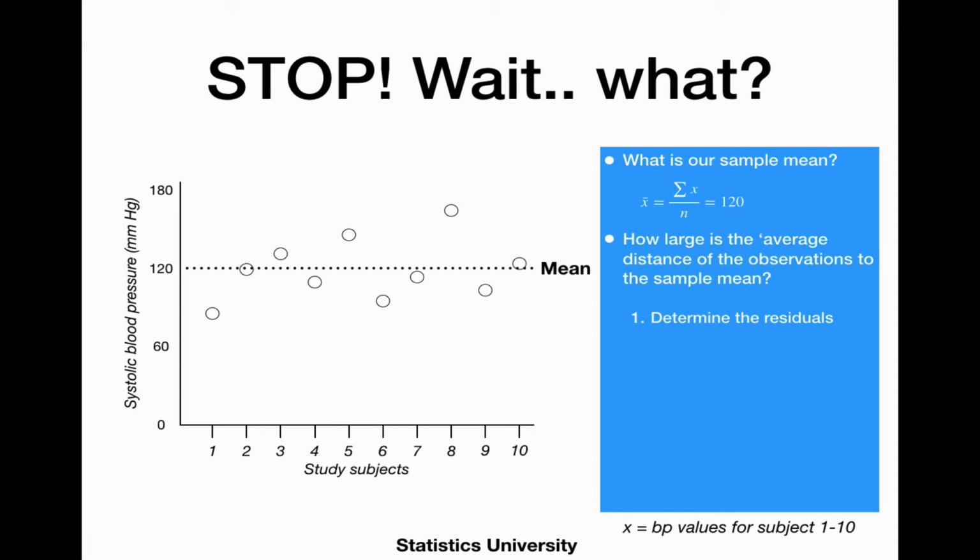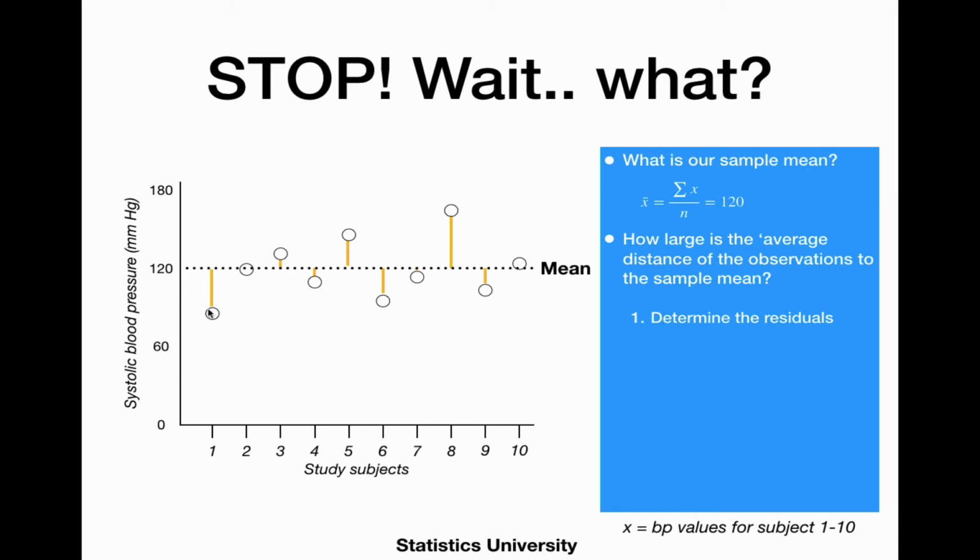Now, the next step is that we want to know what the distance of the observations is towards the sample mean. And those distances are called residuals. So this orange bar is the residual because it's the distance between the value measured in patient 1 and the sample mean.